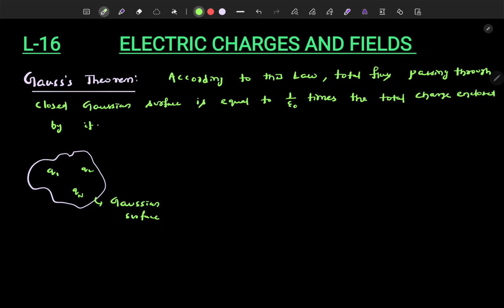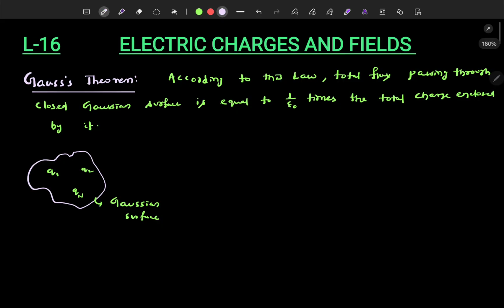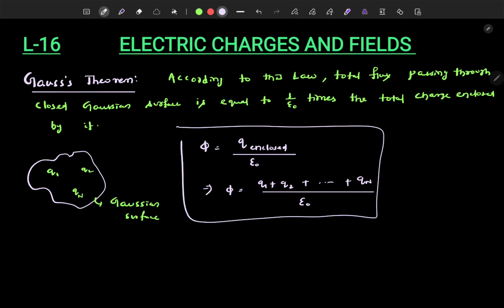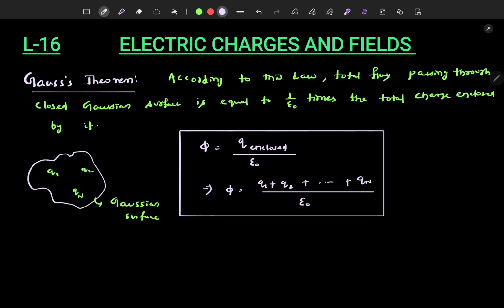So what is the value of electric flux? As per this theorem, phi is equals to q enclosed within the Gaussian surface divided by epsilon naught. That means phi is equals to q1 plus q2 up to qn divided by epsilon naught. This is the meaning of this Gauss law.